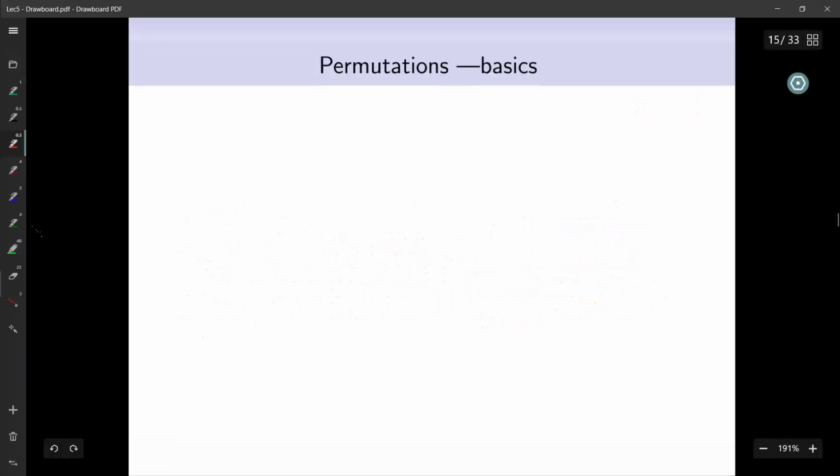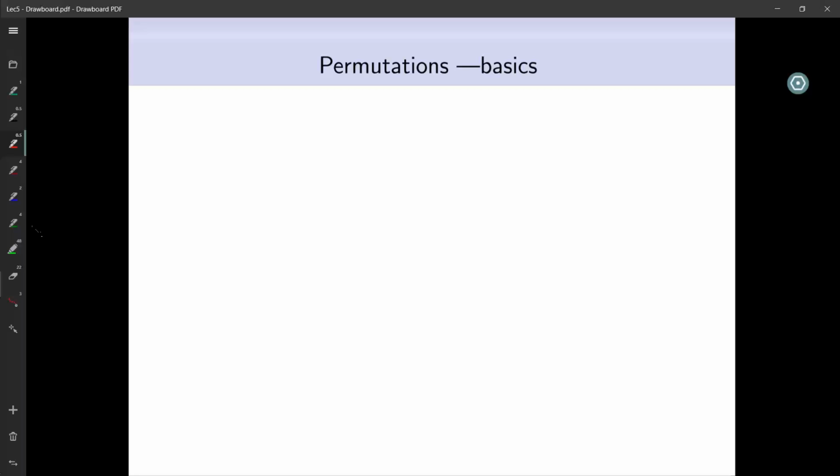We are going to revise a bit of basics. We'll need a permutation view of sorting algorithms, so let me briefly introduce permutations.